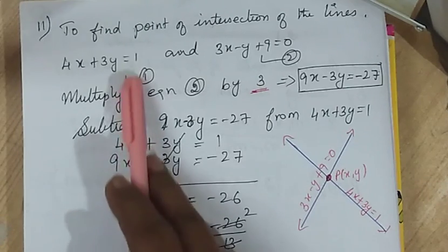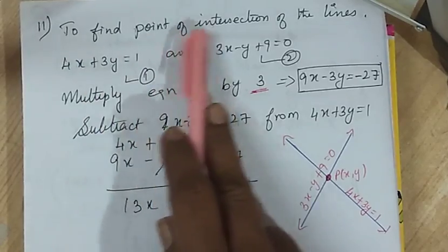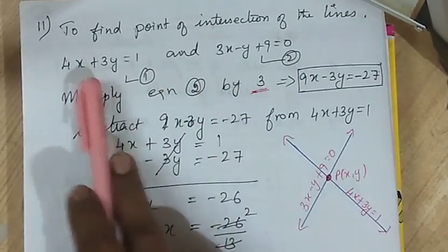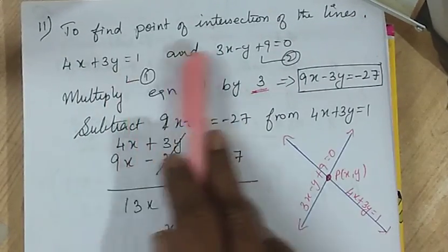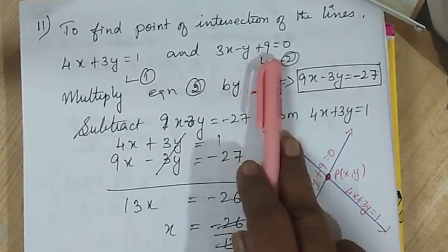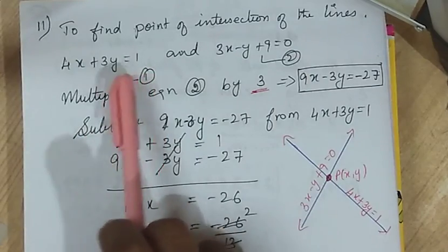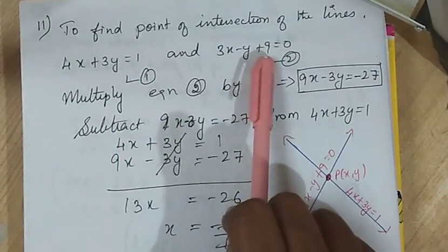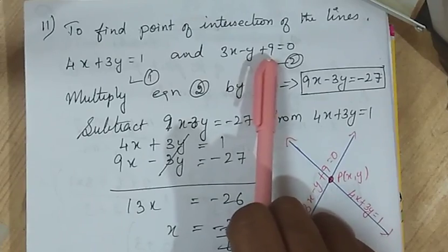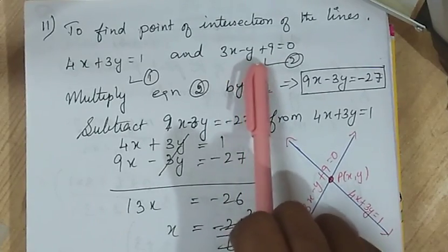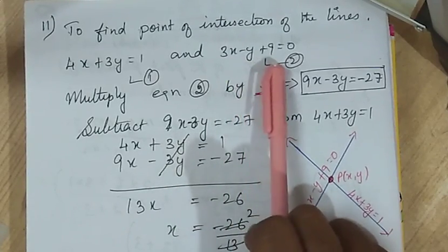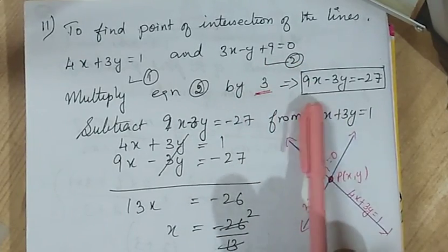Now, to find the point of intersection of the lines 4x plus 3y is equal to 1 and 3x minus y plus 9 is equal to 0, I am going to multiply equation number 2 by 3. So, 3x will become 9x minus 3y plus 27 is equal to 0.